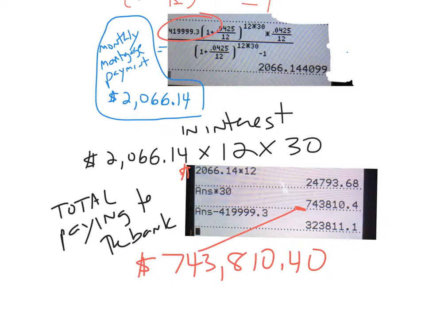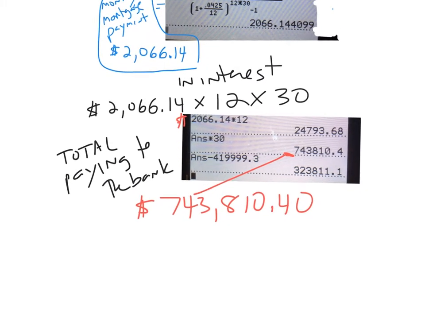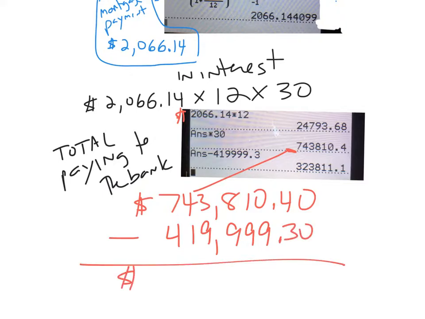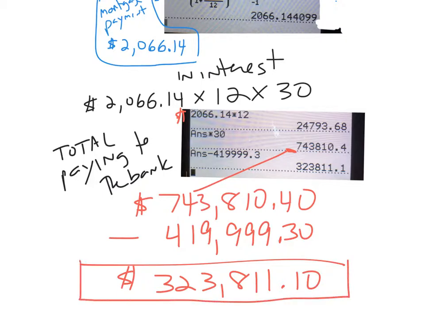But that's not how much in interest you're paying. You're going to take that $743,000 number and you're going to subtract the mortgage amount. You're going to subtract, in this case, the $419,999.30, because that's how much you borrowed. So that means in interest, you're paying the bank back over the 30 years $323,811.10.